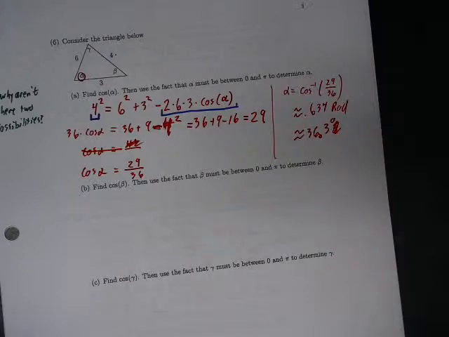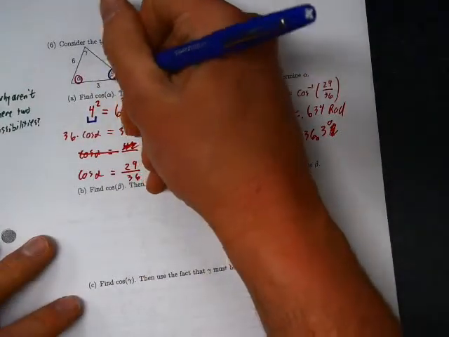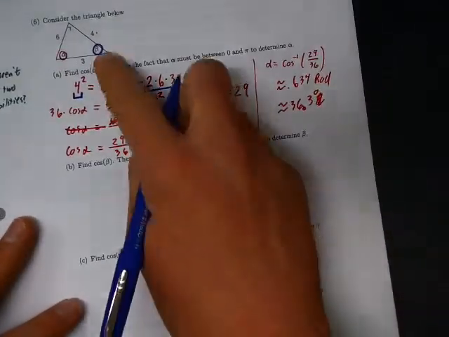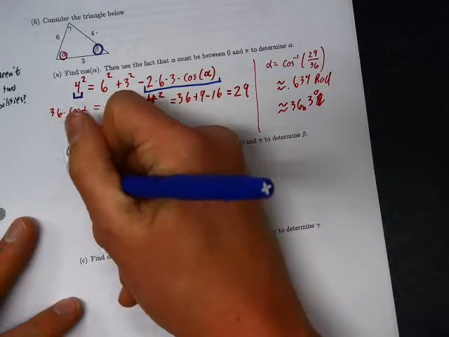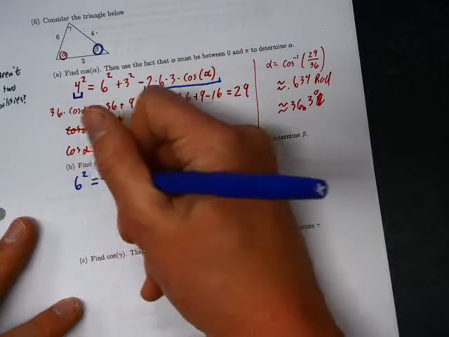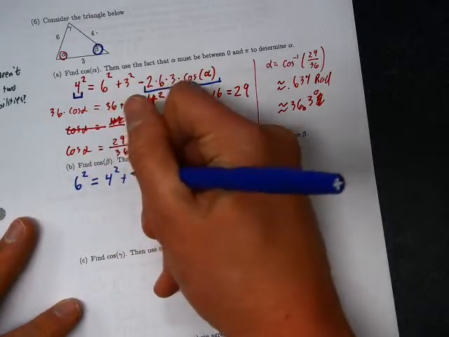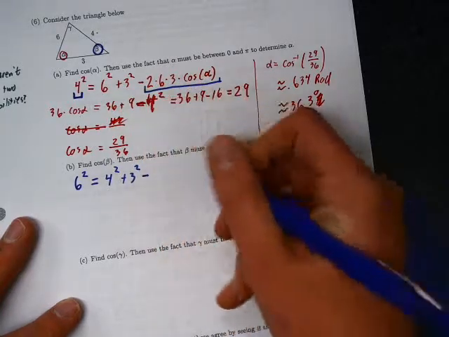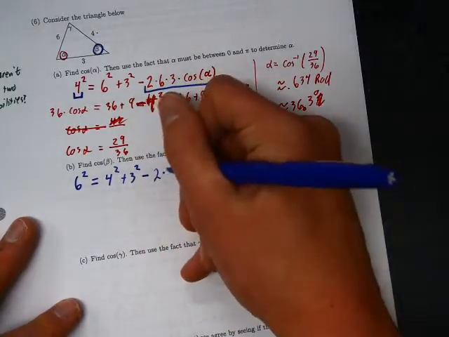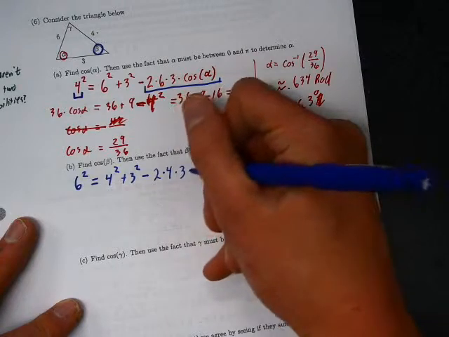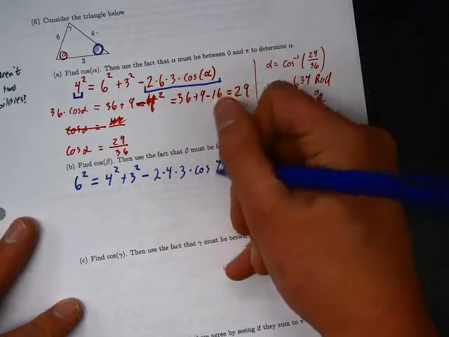Yeah, let's do that. So to find the cosine of beta, we'll use the law of cosines centered at beta. So that says the side opposite beta, 6 squared, is equal to 4 squared plus 3 squared minus 2 times 4 times 3 times the cosine of beta.